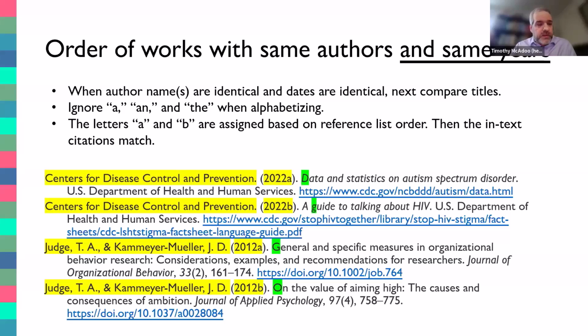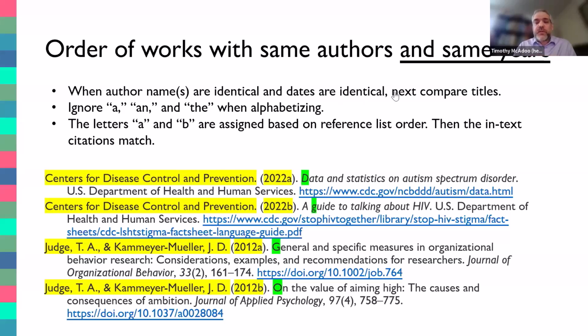And note here, this is a good example. You're going to always ignore a, an, or the at the beginning of a title if you're trying to decide the order. So you've placed Centers for Disease Control and Prevention 2022, Data and statistics on autism spectrum disorder. That reference is first because that title is alphabetically first.